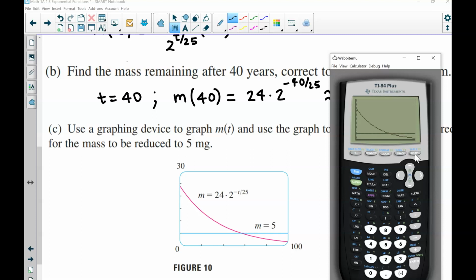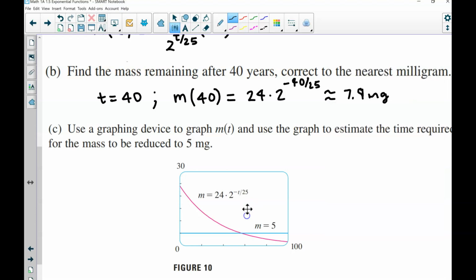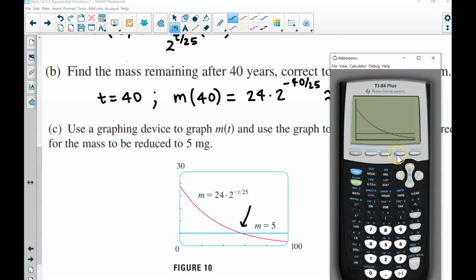So now once we graph, what we want to do is find out what's happening right here. Again, what we can do is trace and determine what's happening at that intersection. So we keep going, and right about there, we can say that it's intersecting.